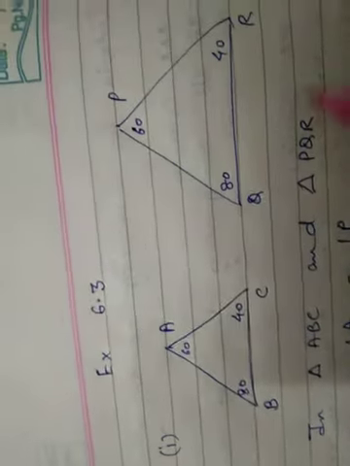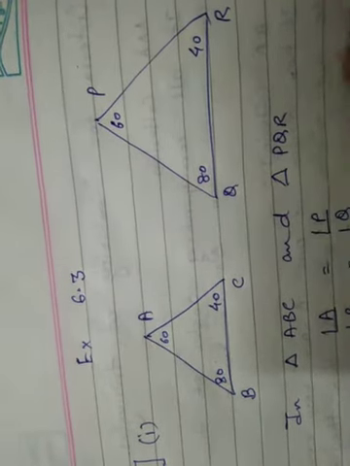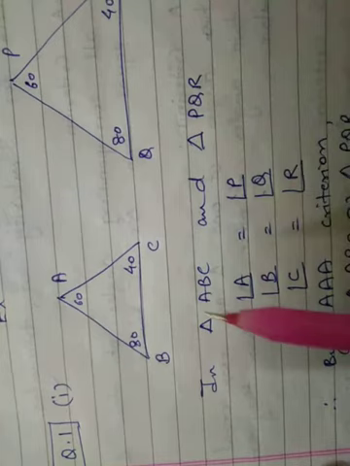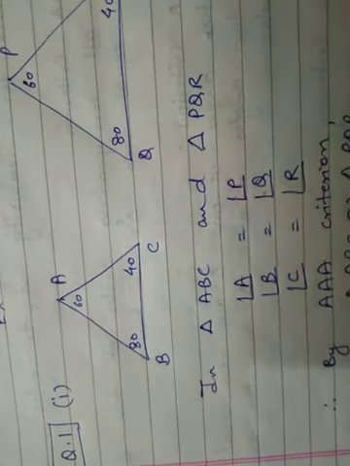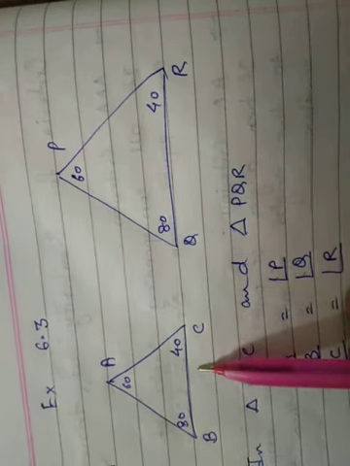Now, based on this, we have some sums in the next exercise. So now we begin with exercise 6.3. In exercise 6.3, let us come to the first question. In the first question, they have given you two triangles.